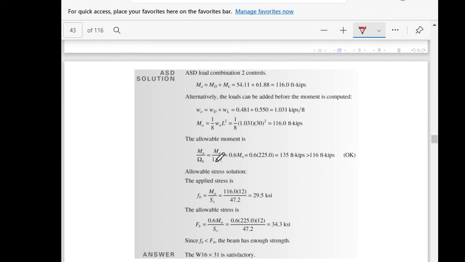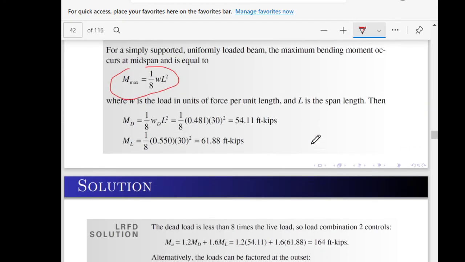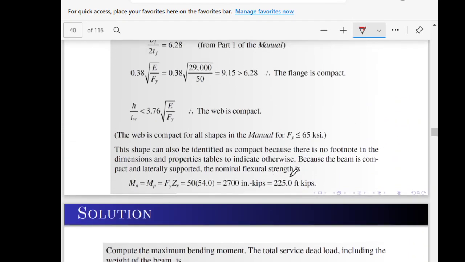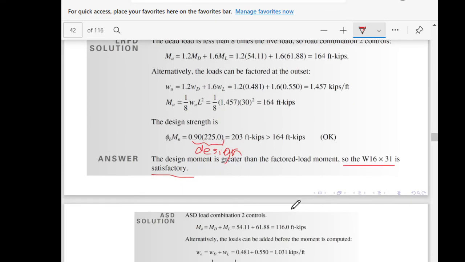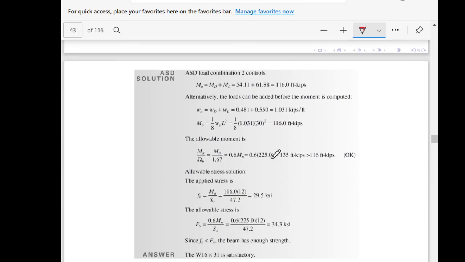For ASD, that is the nominal moment divided by 1.67, or 0.6 times the nominal moment. The nominal moment computed earlier is 225 foot-kips. Substituting, you have 135 foot-kips.